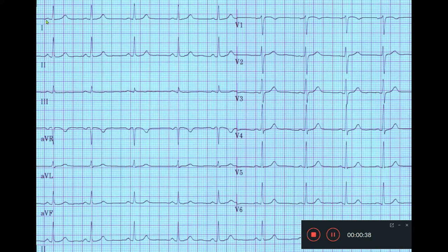So you look at this P wave, it is a normal looking P wave. Look at a few P waves and they all look normal in shape and size. If one of the P waves is of different shape, size or duration, it could mean that the impulse is not coming from the SA node, rather the site of origin is the atria, and it could be an atrial ectopic.